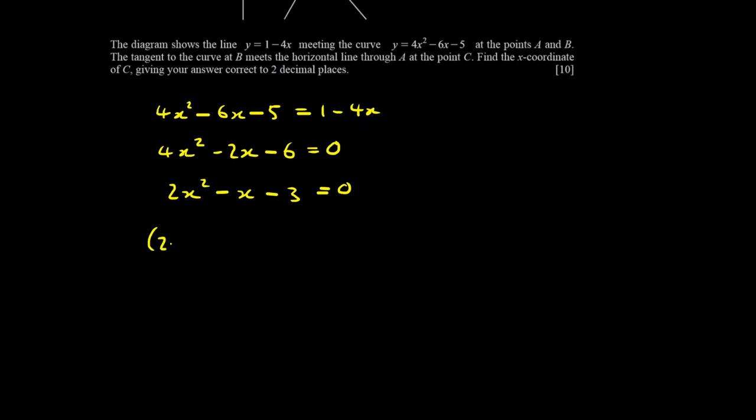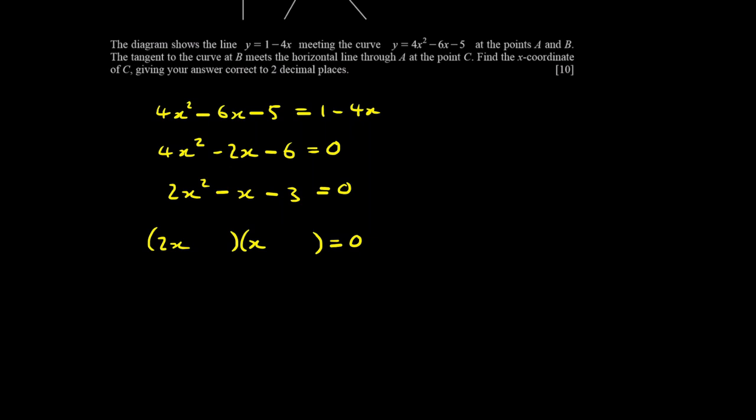We're going to get a 2x and an x term. And we're going to be looking for 2 numbers that multiply together to give negative 3. That's going to be either positive 3 and negative 1 or negative 3 and positive 1. We want to choose them in such a way that we get a negative x.